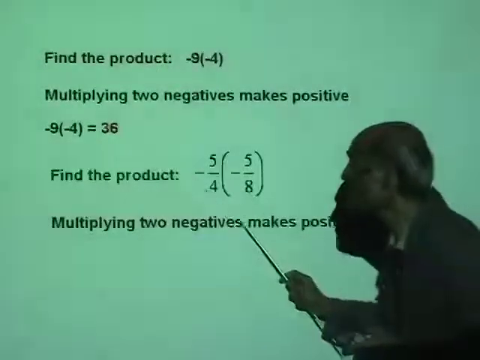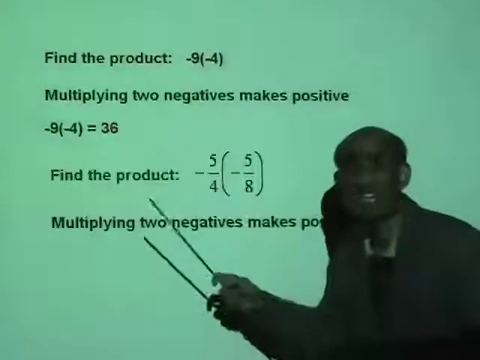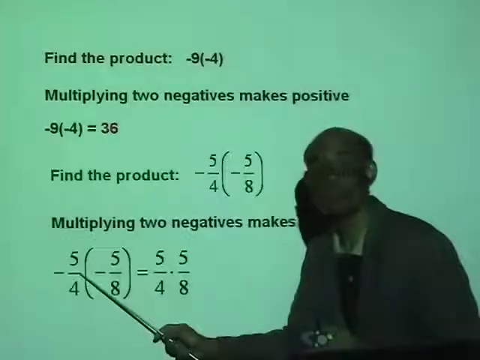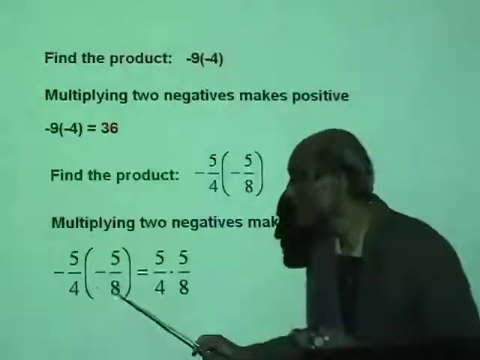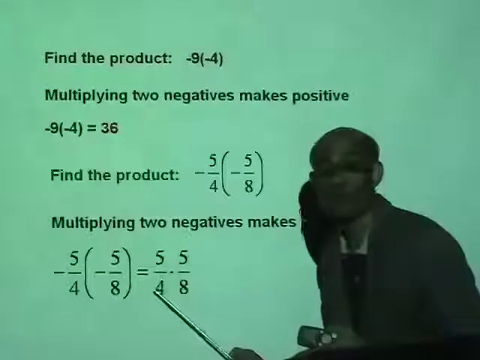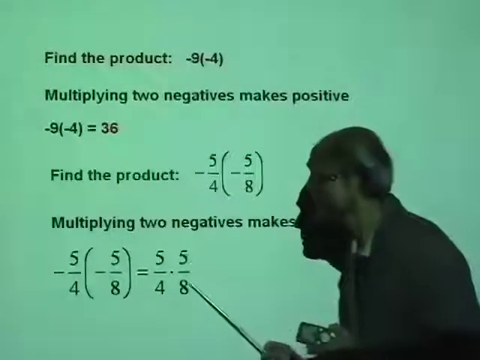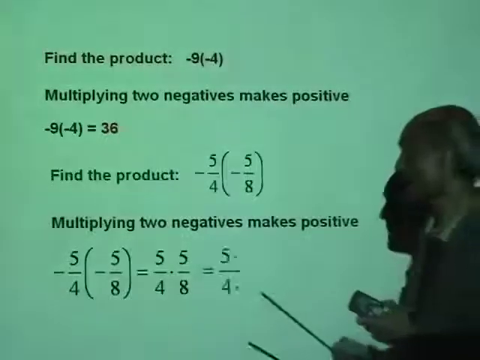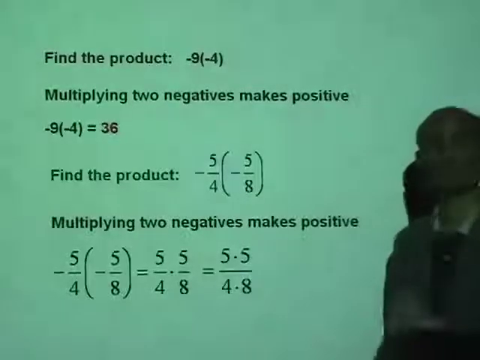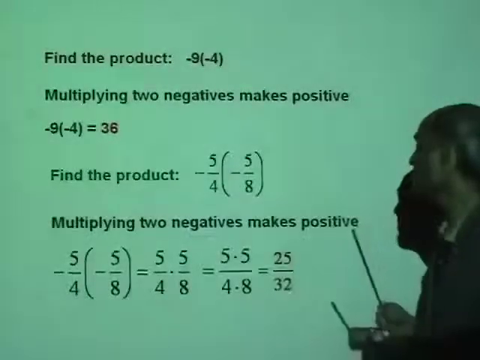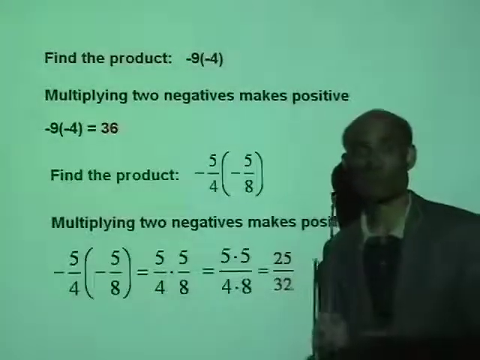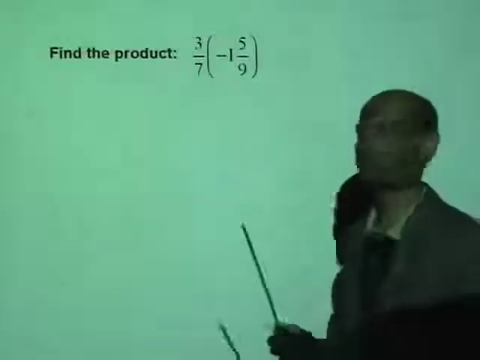So multiplying these two numbers, the negatives will disappear. Negative 5 over 4 times negative 5 over 8 is positive 5 over 4 times 5 over 8. And that will be 5 times 5 divided by 4 times 8. That is 25 over 32. Alright? Okay, let's do another one.